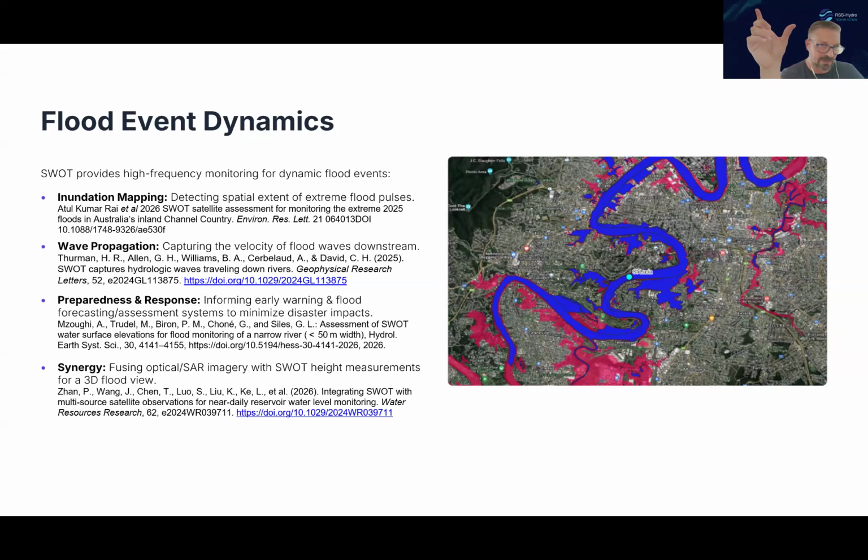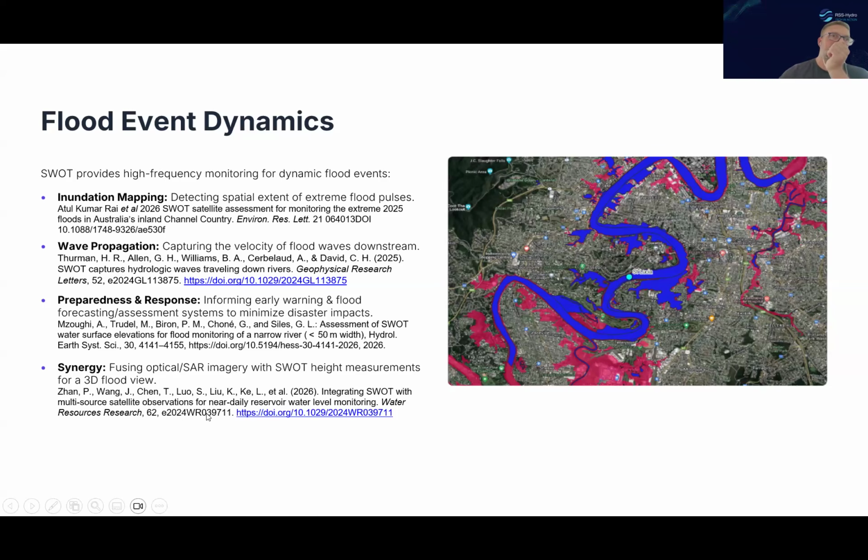But it still gives you something that looks like an image, it's an image-composing altimeter, I would call it, as a non-technical radar person. So you can fuse optical, SAR plus SWOT to get this 3D volume view of an event. And that is powerful. I think that ought to be demonstrated more for disaster event monitoring.